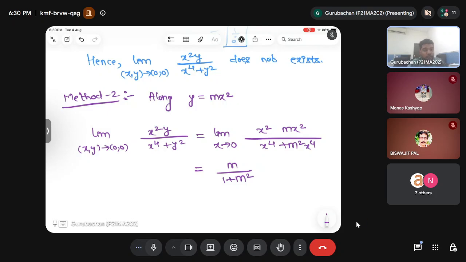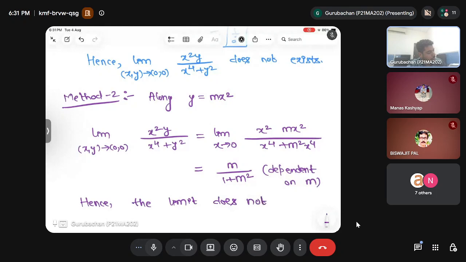So whenever your limit depends on m, you can guarantee that this limit does not exist. So the conclusion is obviously the same as in the previous method: hence the limit does not exist.